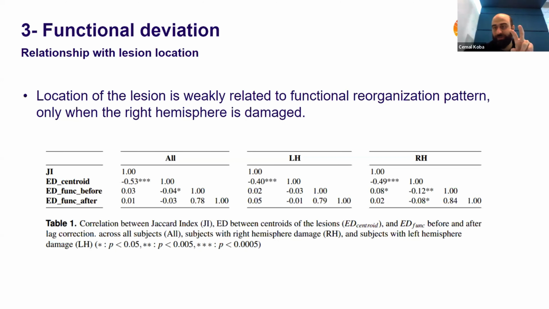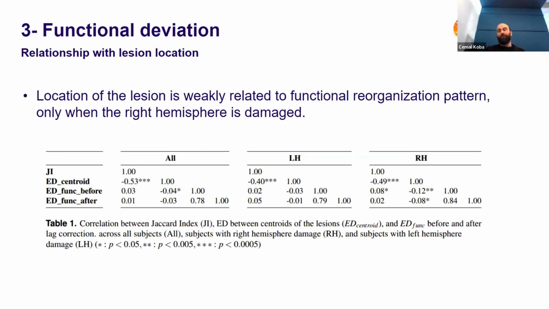So for each two subjects, for example, we checked the difference between both Jaccard index and centroid of their lesion, and the correlation between the functional reorganization. And we saw that there is a weak relationship between the location of the lesion and the functional reorganization profile, and it is stronger on the right hemisphere only.